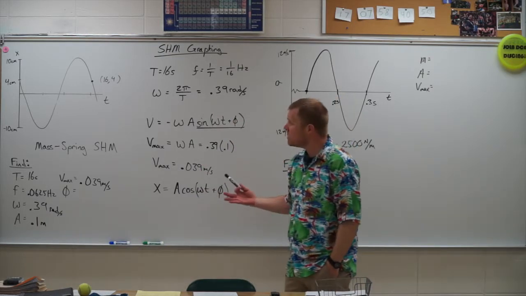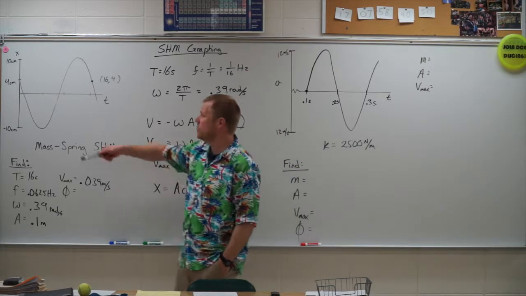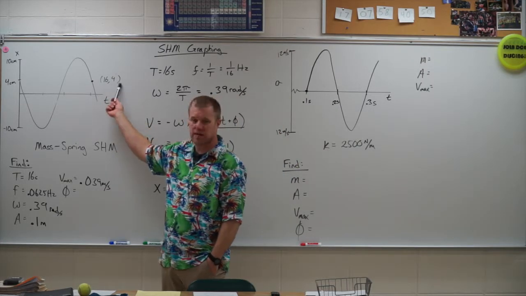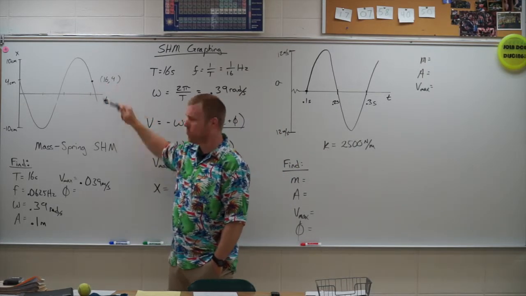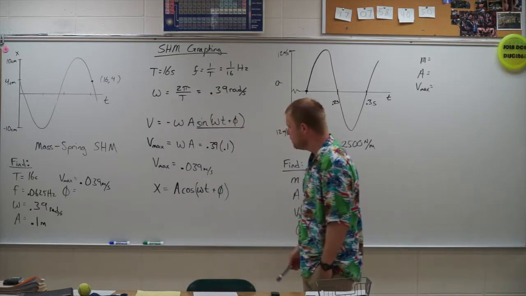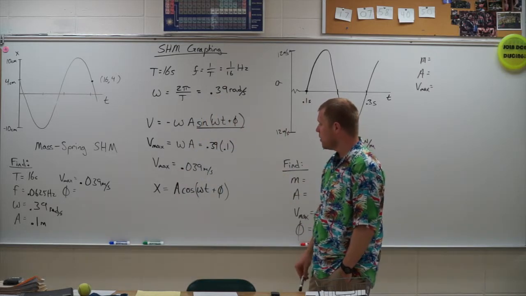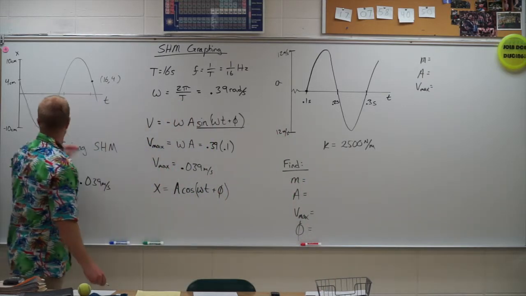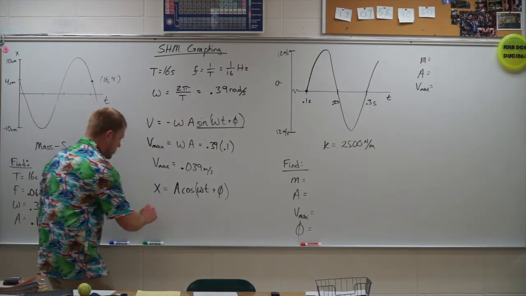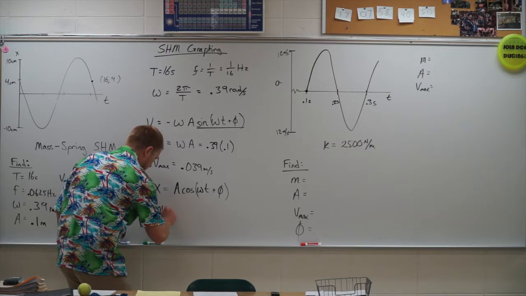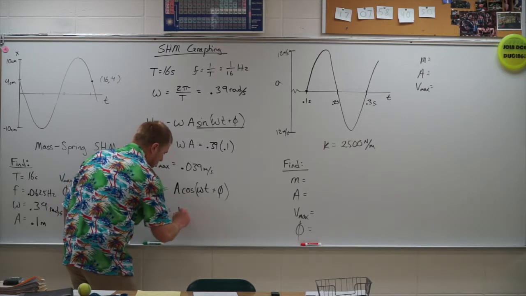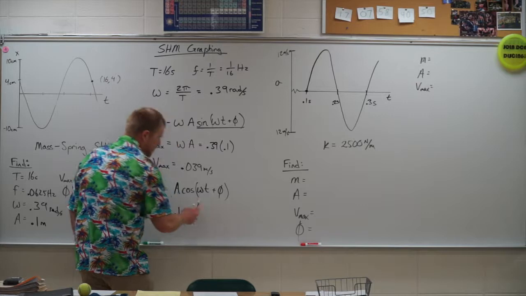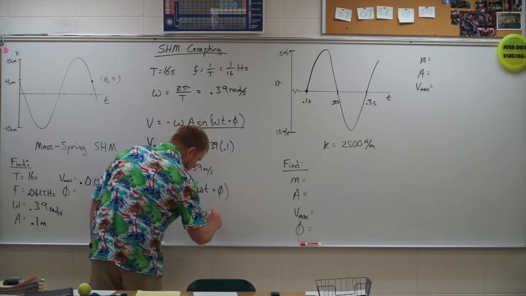If you don't have a time equals 0, you can pick any other known point. So for instance, we could have picked this 16 seconds and 4 centimeters point. But here we go. We're going to plug those values in. So I know that at 0 time, it should be at 0.04 with an amplitude of 0.1. Cosine of omega t is 0, plus phi.